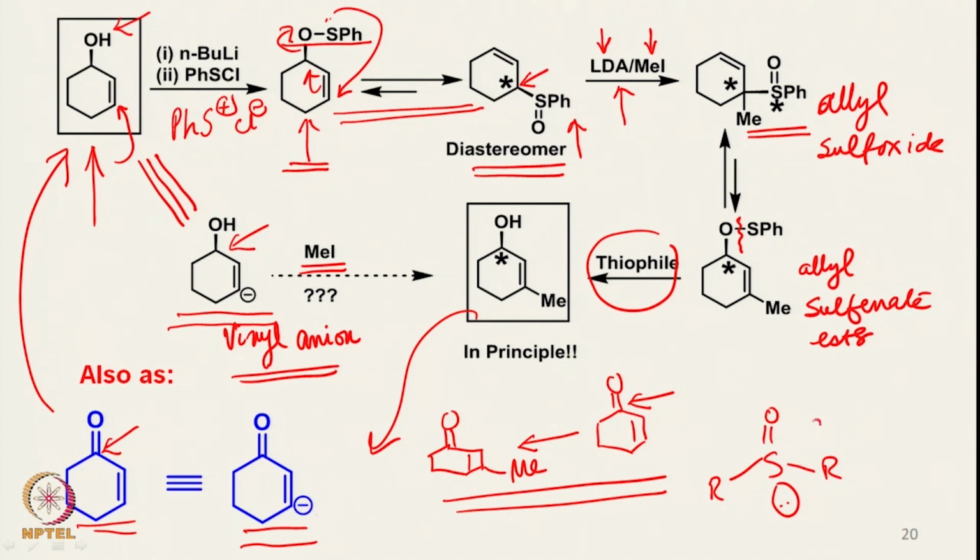So this can be made chiral, and if it is made as a chiral substrate, then one can carry out such reactions, and we have to see how the diastereoselectivity occurs. So we will take up the remaining part of the sulfoxide and sulfenate rearrangement next time, and I hope that you will be able to go through these and see the references that I have mentioned, and be prepared for the next class. Thank you.